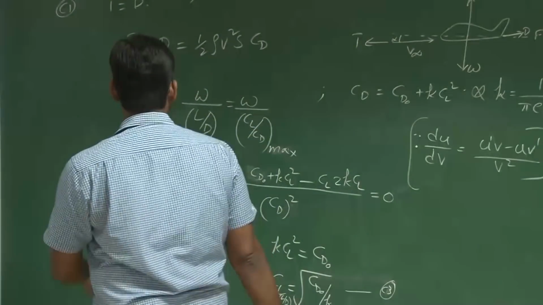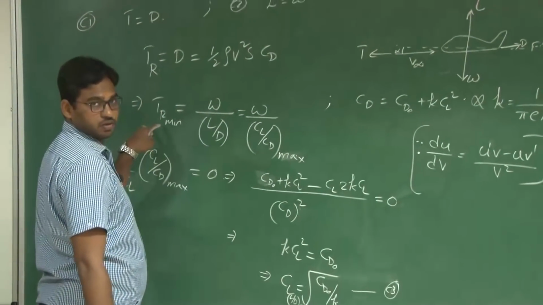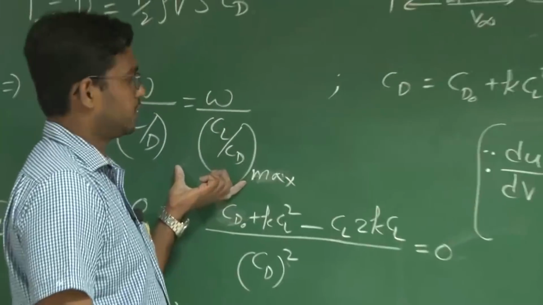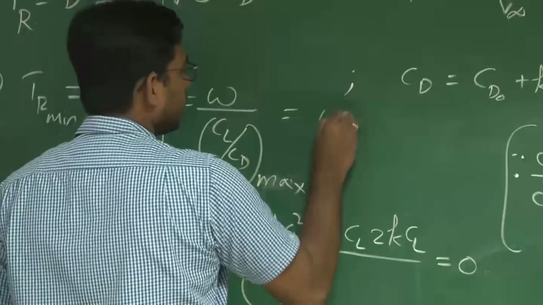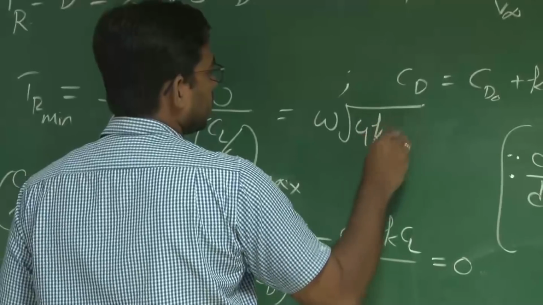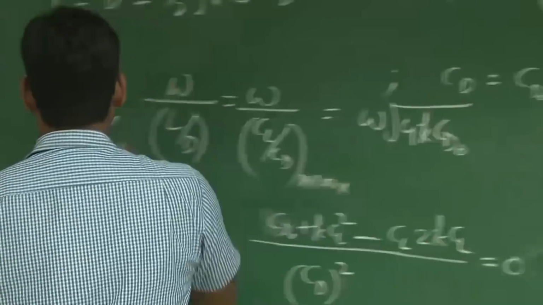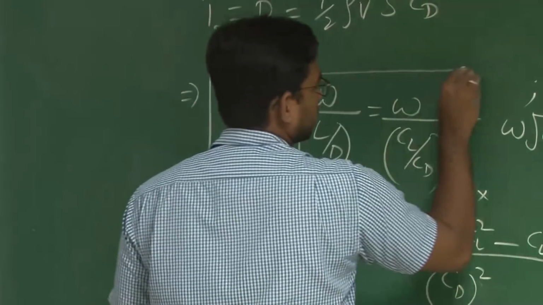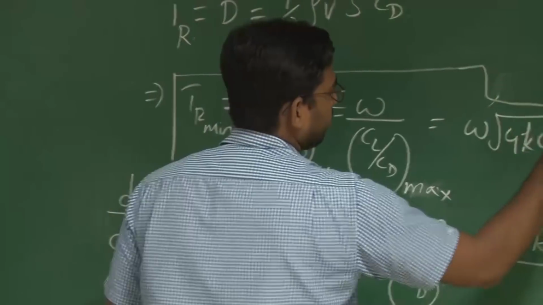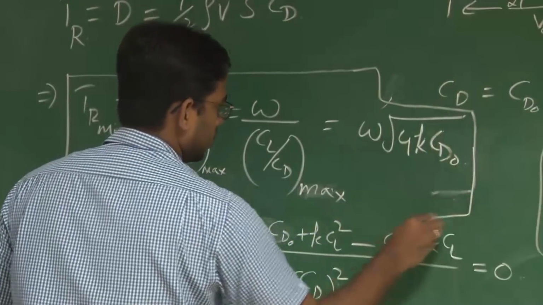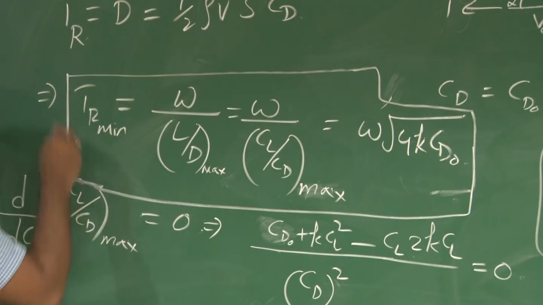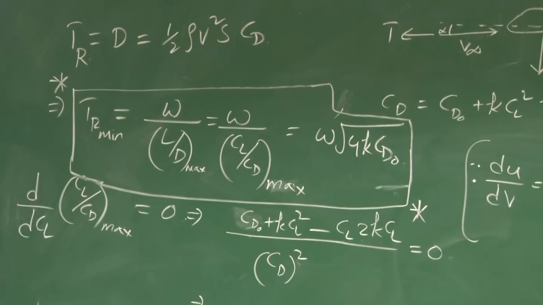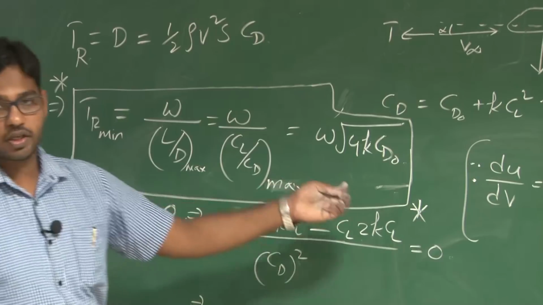Now how do you get the minimum thrust requirement of this system? We need to substitute this L/D max, CL by CD max condition here. So this equals W into square root of 4K CD naught. So thrust required minimum is obtained by L/D maximum, which is W into root over 4K CD naught.